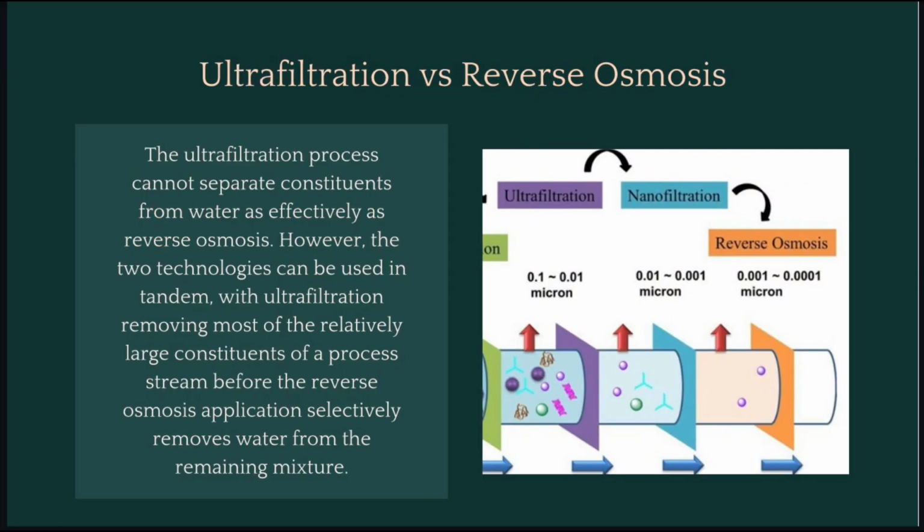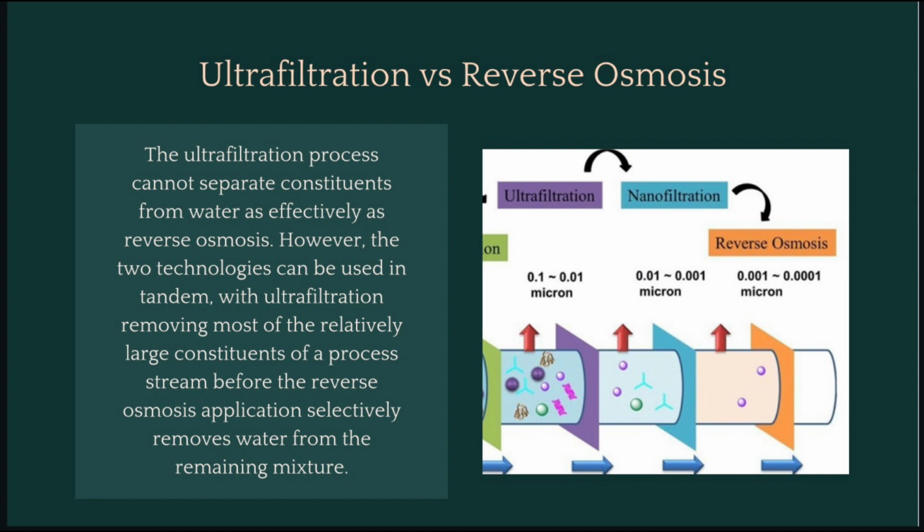Like microfiltration, ultrafiltration is mostly applied as a pretreatment for RO or reverse osmosis, but it can also be a standalone treatment. The ultrafiltration process cannot separate constituents from water as effectively as reverse osmosis.